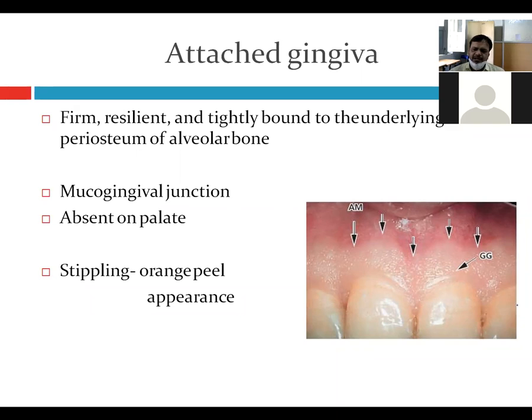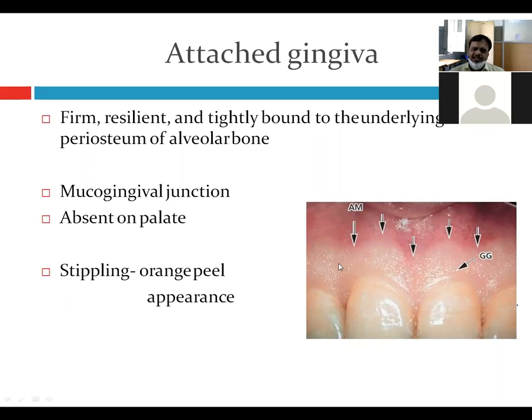So this part is immovable. You can see this is the mucogingival junction. The mucogingival junction is the demarcation between your alveolar mucosa and your attached gingiva.